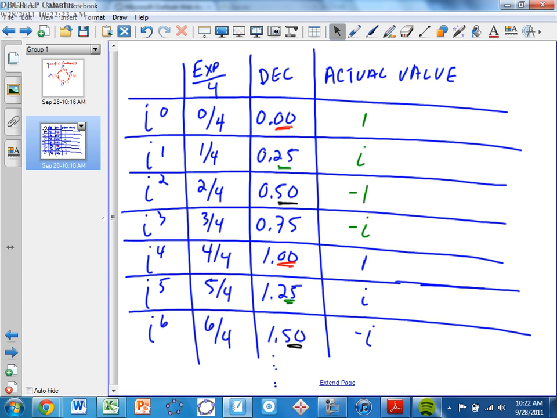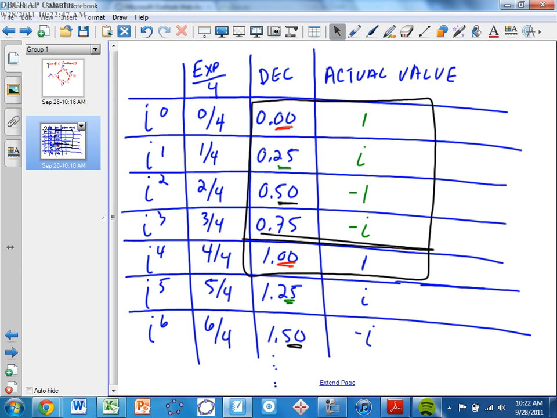If the decimal is 0.00, it's 1. If the decimal is 0.25, it's i. If the decimal is 0.50, it's -1. If the decimal is 0.75, it's -i. So in the end, what we're really using is this portion of the table. Again, we're only using that portion.